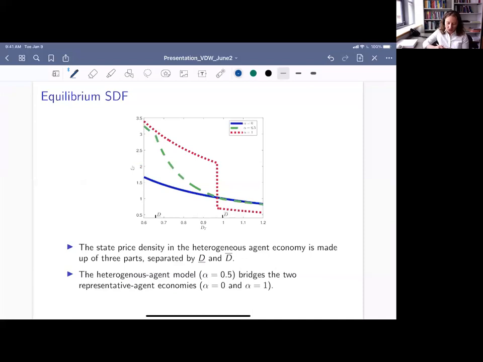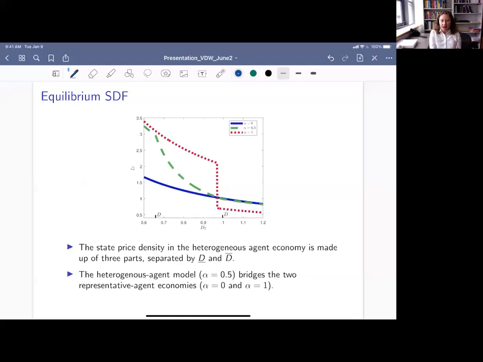So finally, what we have in our model bridges these two economies. The green line is made up of three parts, separated by the D under and D over that I showed you on the slide before. There are two important things I would like you to notice. First, there is a high level of the stochastic discount factor for low, bad states. Everything is plotted against the dividend, so on the x-axis I have the terminal dividend.